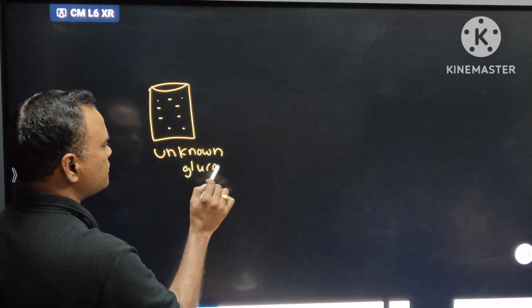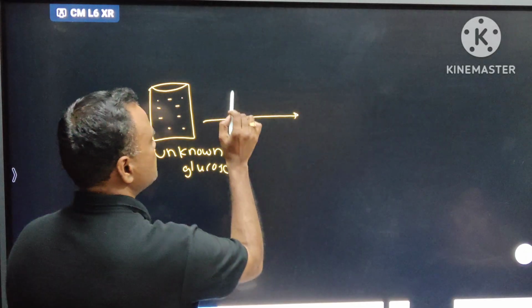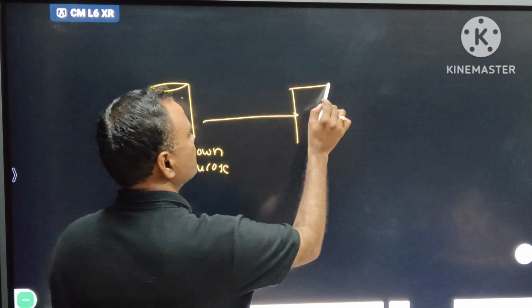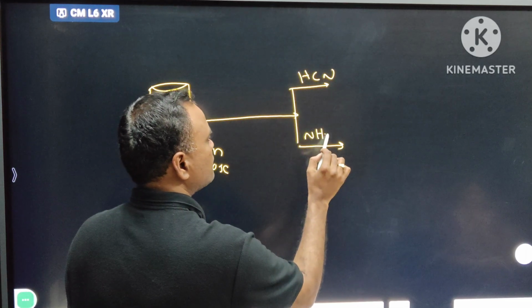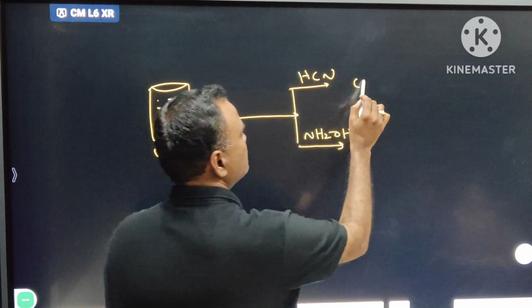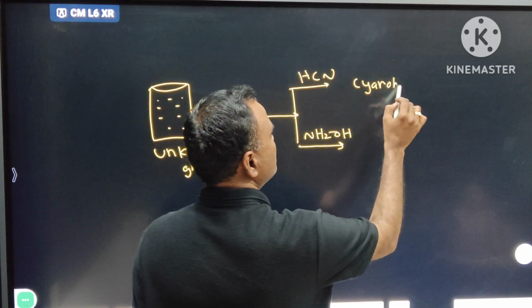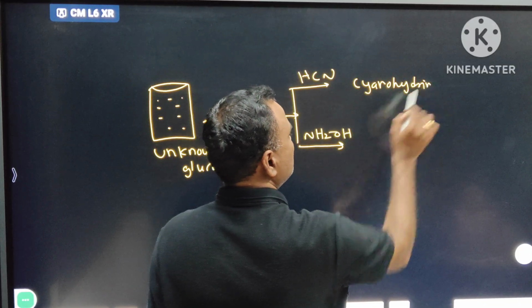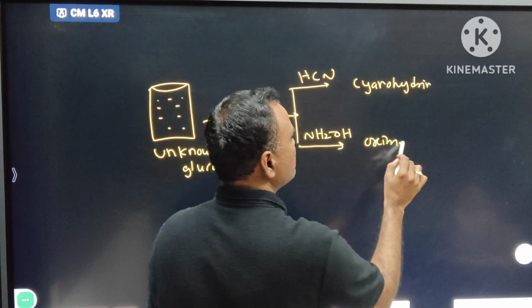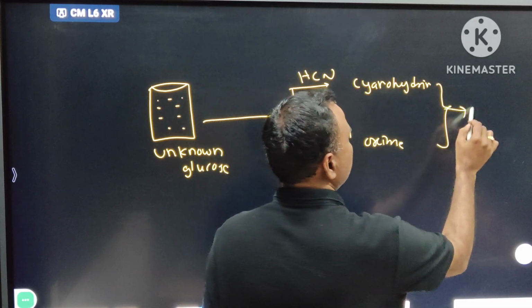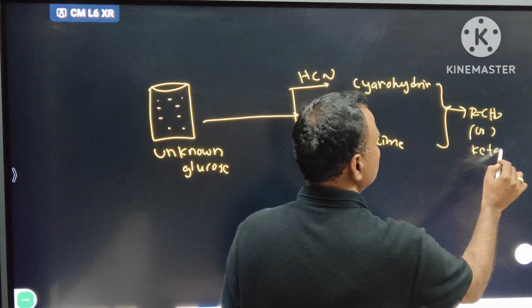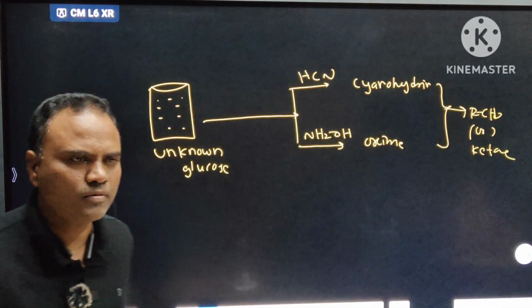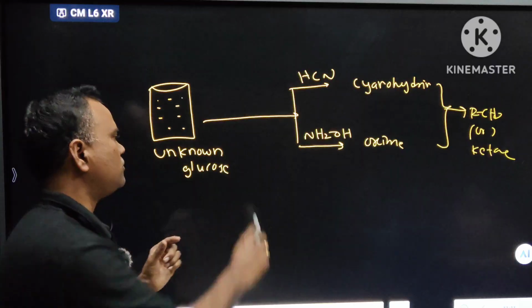Once again, I am explaining. If you get an unknown solution and we add HCN or hydroxylamine, cyanohydrin formation and oxime formation confirm the presence of aldehyde or ketone. Is it clear now? This is one unknown compound or glucose solution.